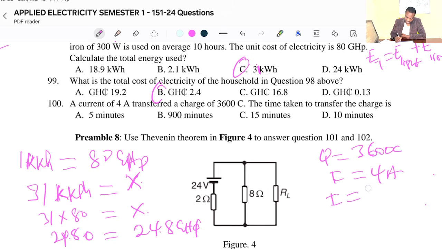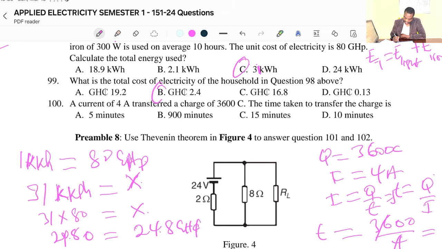So we know current is equal to charge over time. So we make time the subject, so time becomes charge over current, which is 3,600 over 4. So this will give us 900 seconds.